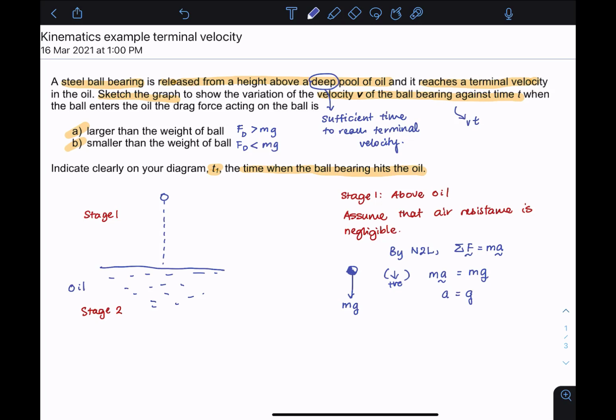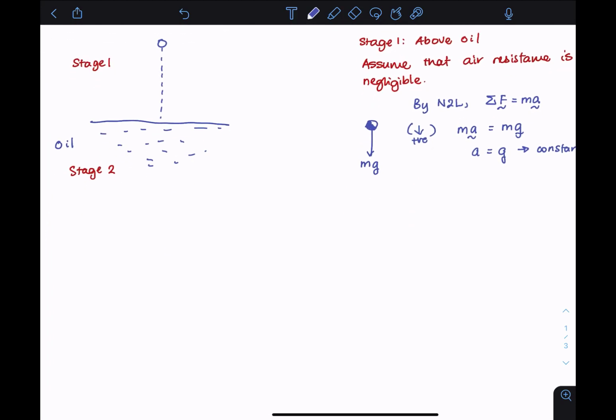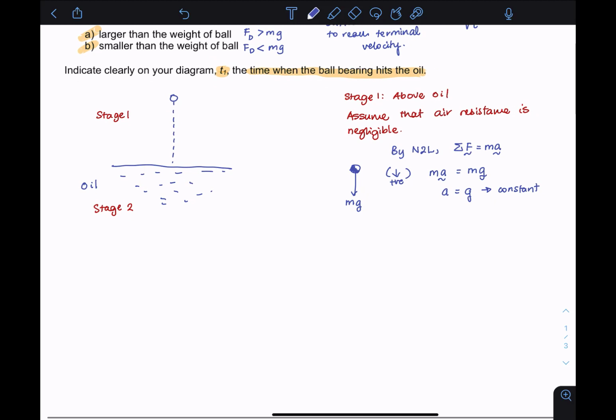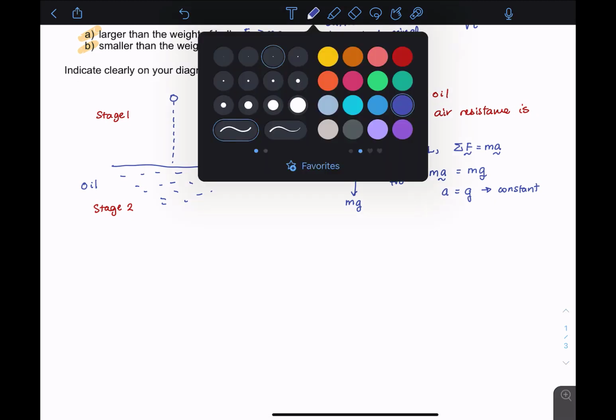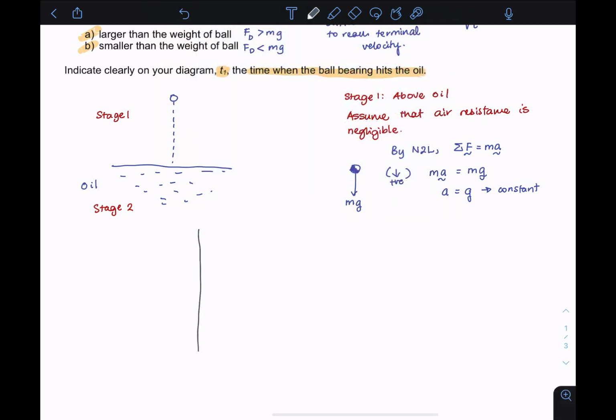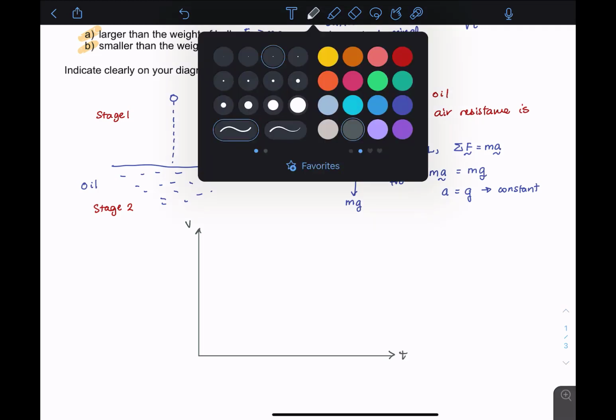Alright, and what we note is that the acceleration is constant. So if I were to draw the VT graph in the first stage, let me just change the color of my pen, and draw the VT graph. The gradient represents the acceleration.